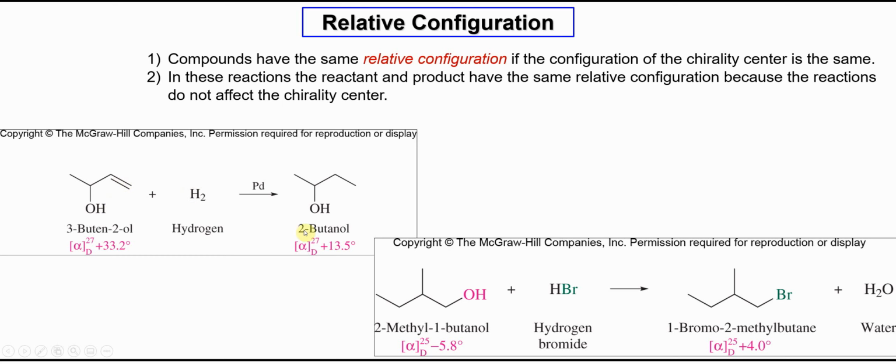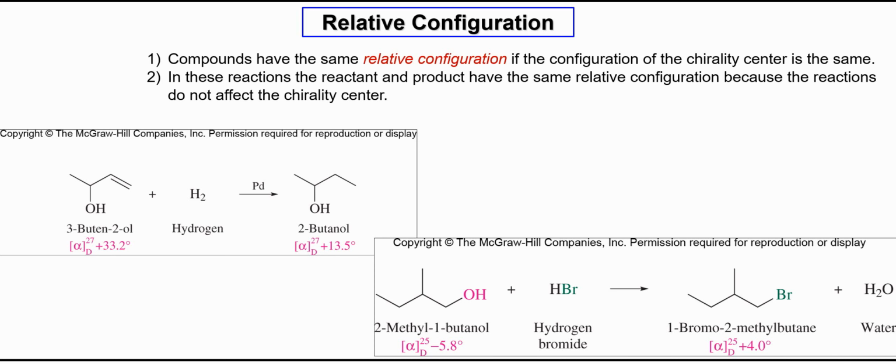You are going to produce 2-butanol. For these two molecules, reactant and product, the chiral center has not been affected by this reaction. So both of these formulas have the relative configuration.